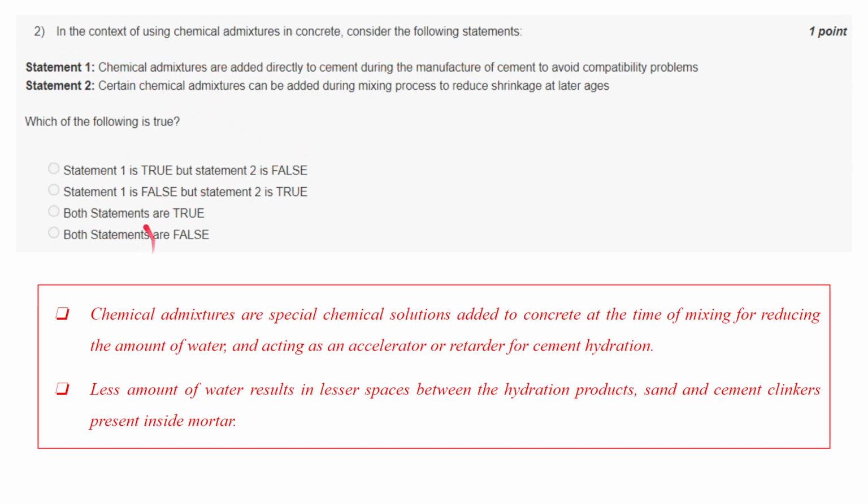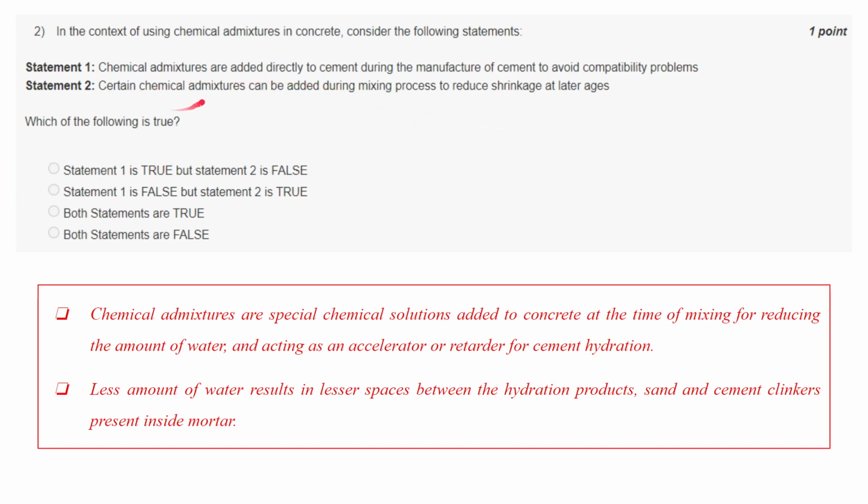And in the second statement it has been said that chemical admixtures reduce shrinkage. So chemical admixtures reduce the water content, and water content is related to the pores. The lesser the water content, the fewer pores are generated, and the fewer the pores, the lesser the shrinkage.